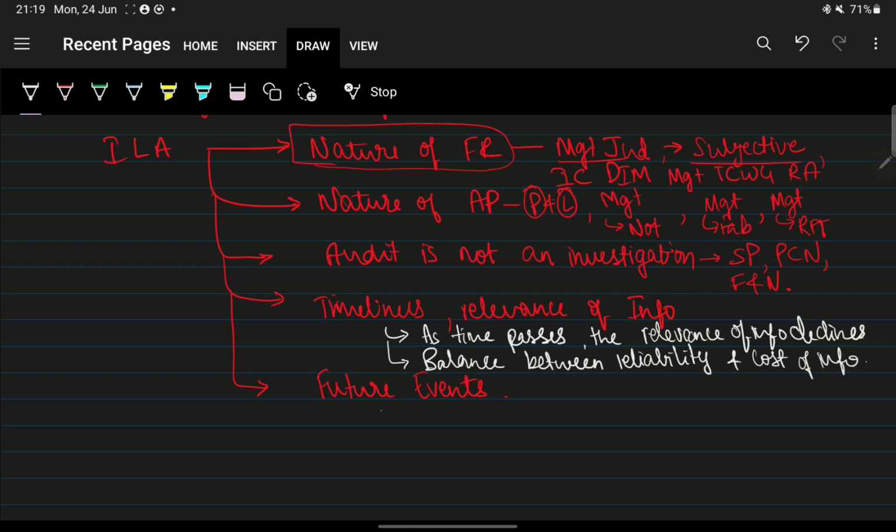Okay. Next, future events. The auditor does not express opinions on, or conduct audit of, future events. Future events are not taken into consideration while coming up with the opinion about the financial statements.